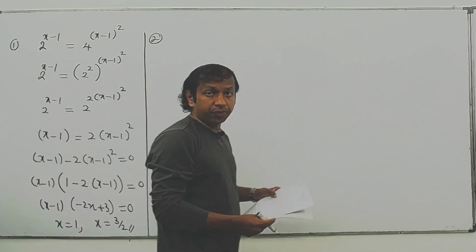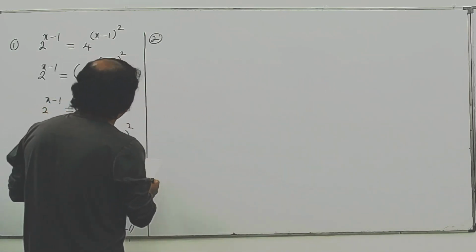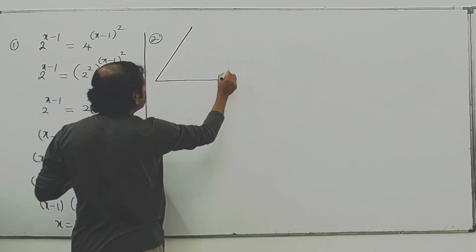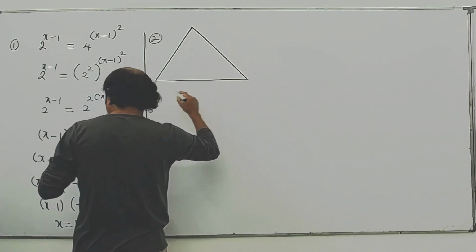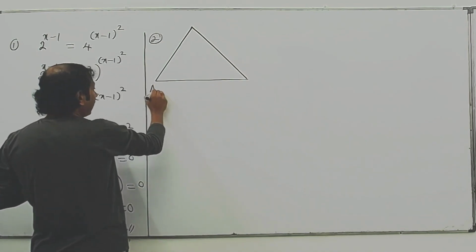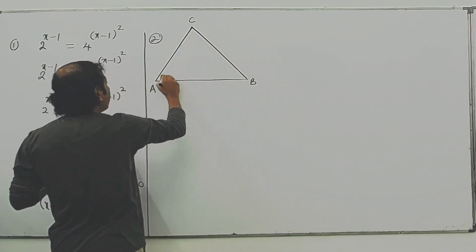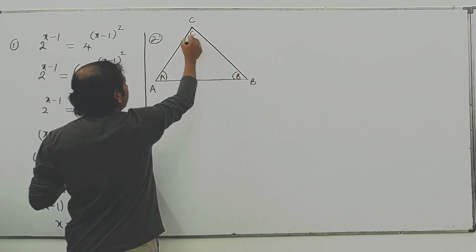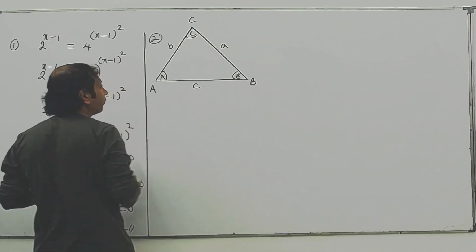It is a trigonometry question. I can start like this. Draw the triangle in the standard notation. Take the triangle as ABC, with angles A, B and C. This side is a, this side is b, and this side is c.